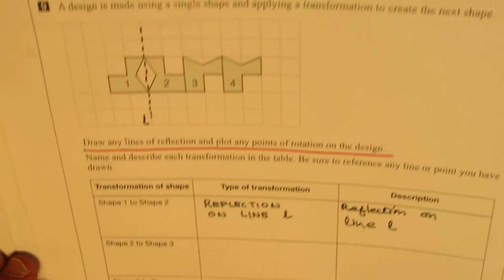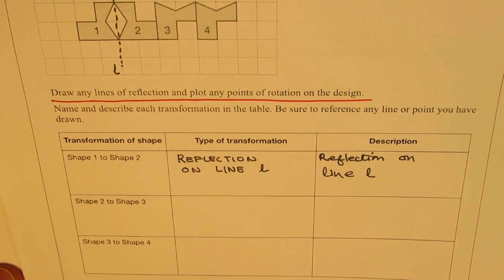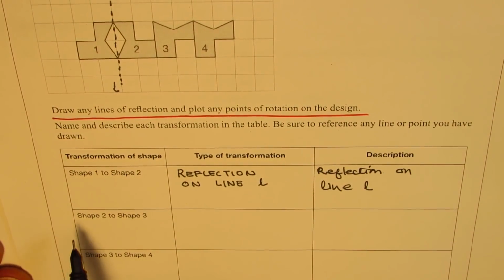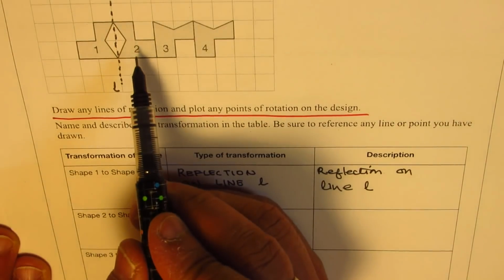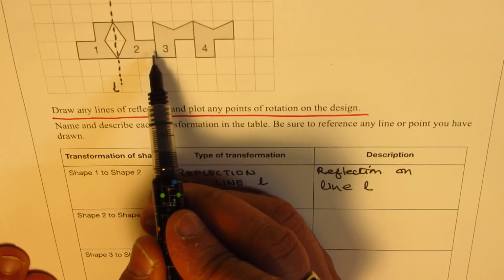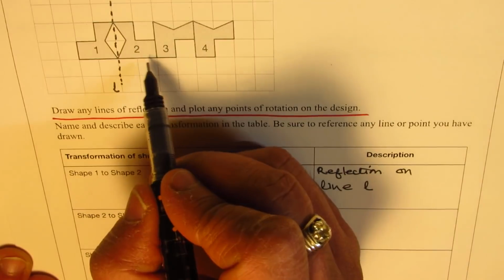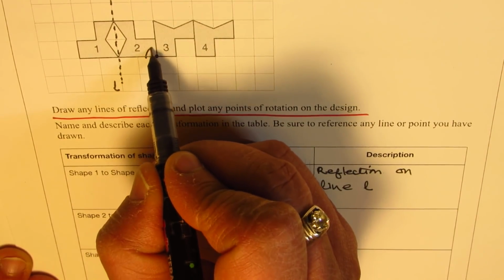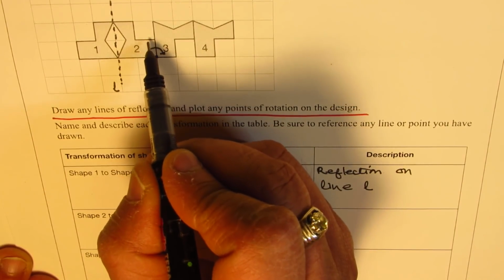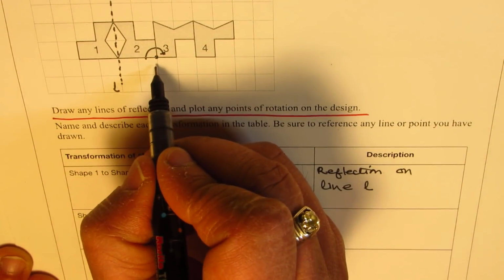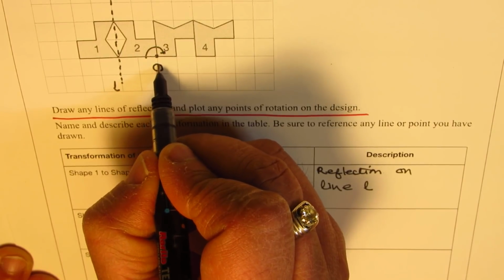Now let's move this page a bit to see how to describe this transformation from 2 to 3, right? I've just adjusted the page. Shape 2 to shape 3, that is from here to there. So what do you think has happened when you move from 2 to 3? Well, it seems that at this point we're trying to rotate it clockwise. So this block comes down, the whole thing comes like this. So we can call this point, let's say, point O, right?